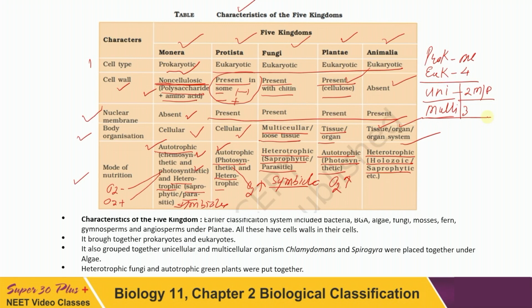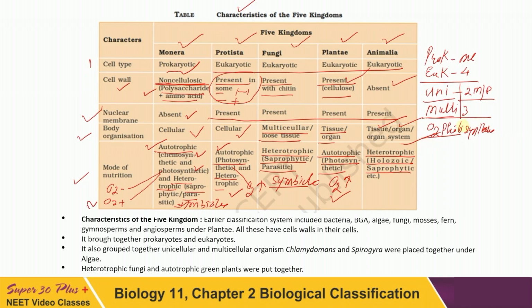Can you tell me in how many kingdoms oxygenic photosynthesis is present? Very important question. You can see here, oxygenic photosynthesis is present in Monera, it is present in Protista, and it is present in kingdom Plantae.